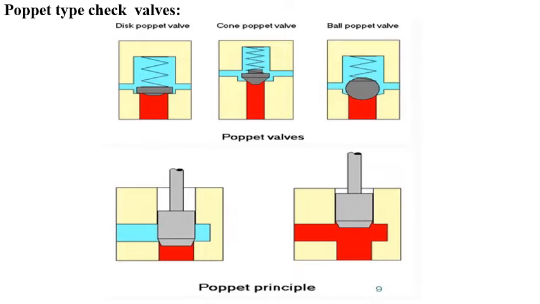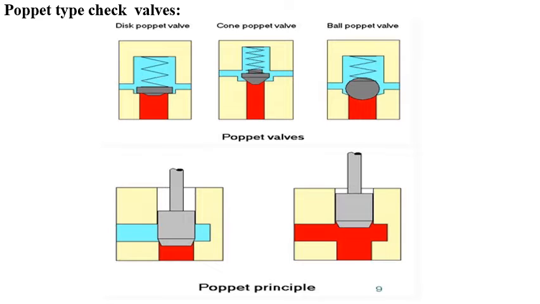You can see here the first one is a disc type poppet, and here is a cone type poppet, and this one, as in the previous case, is like a circle or ball type, and this one is a wedge type design. This is the wedge shape. So these are the different types of designs of poppets.